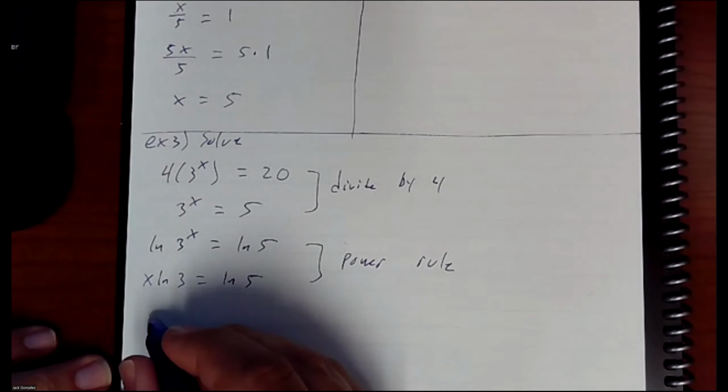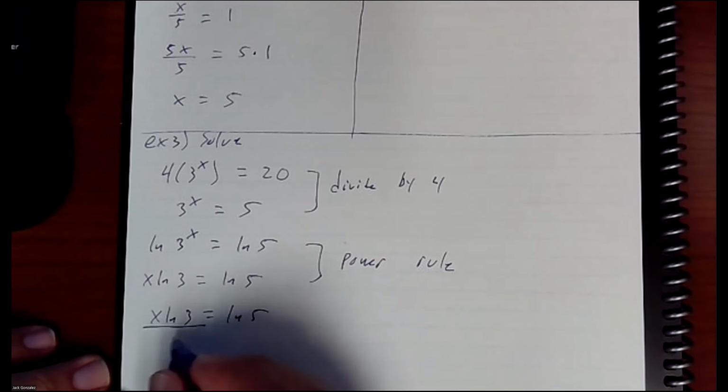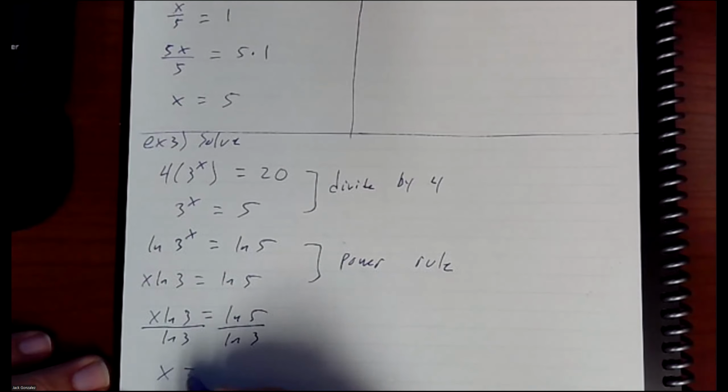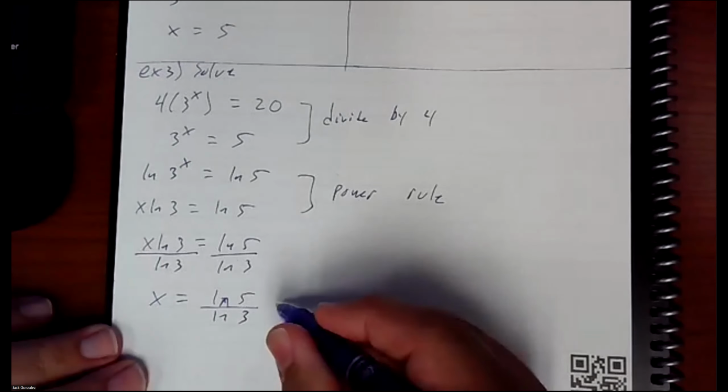So divide by ln3 and you're done because ln3 is just a number. So who cares? So x will equal ln5 over ln3, which is some number.